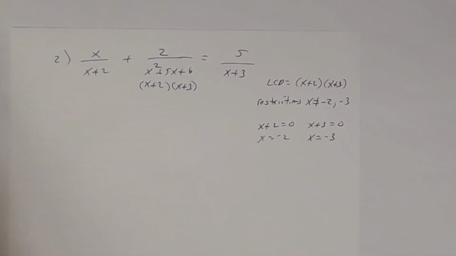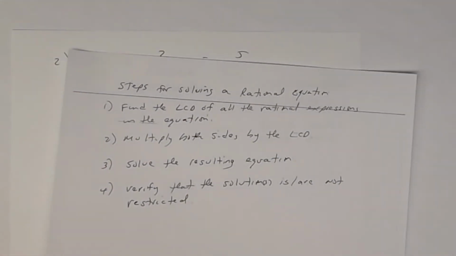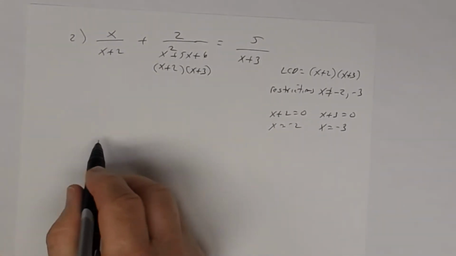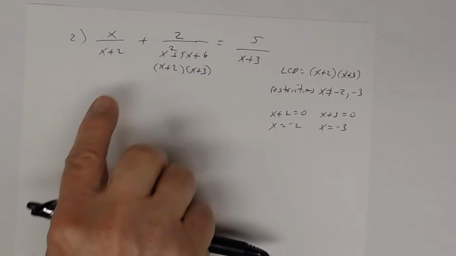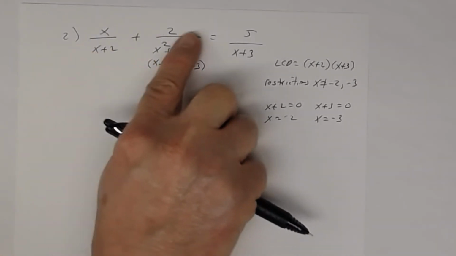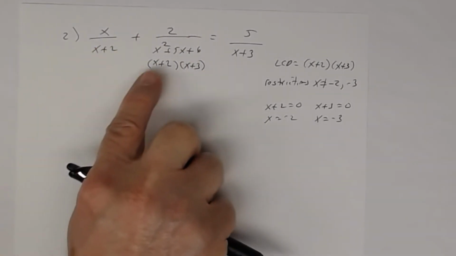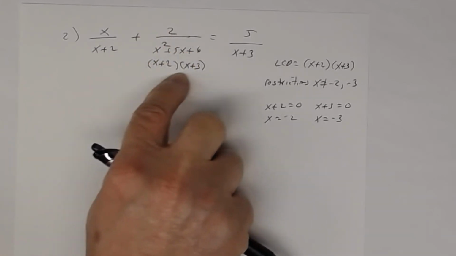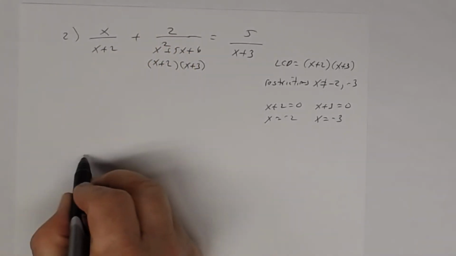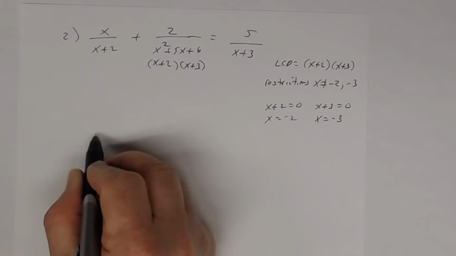All right, so the next step now is to multiply both sides by the least common denominator. So let's go ahead and write that down right here. Notice the left side is two rational expressions. And remember, when you rewrite this one, put it in factored form. So I'm going to rewrite the left side.